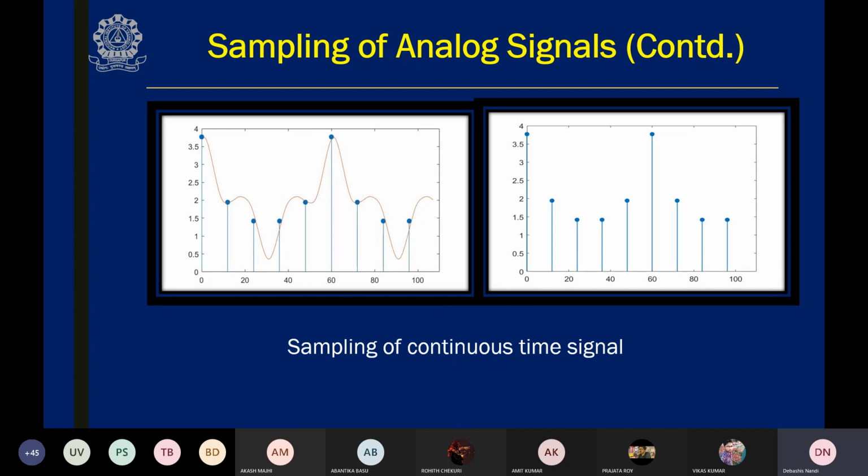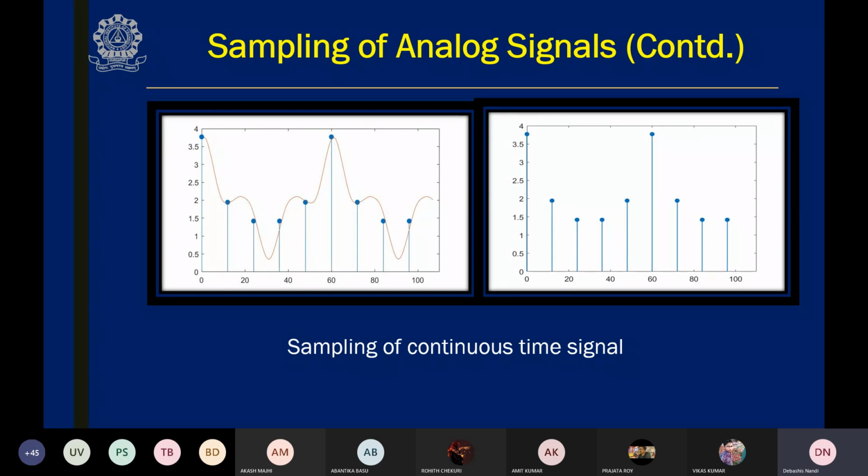Now, the problem is this: if you have these sample values in your hand, and you want to reconstruct the analog signal from these discrete sample values, then we have to raise a question: is it possible to reconstruct the original analog signal from which we have taken the samples?